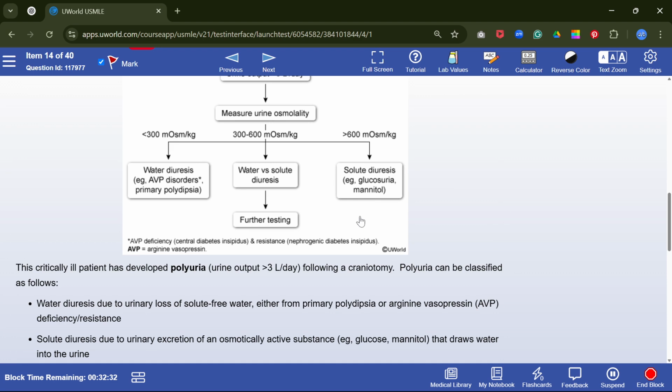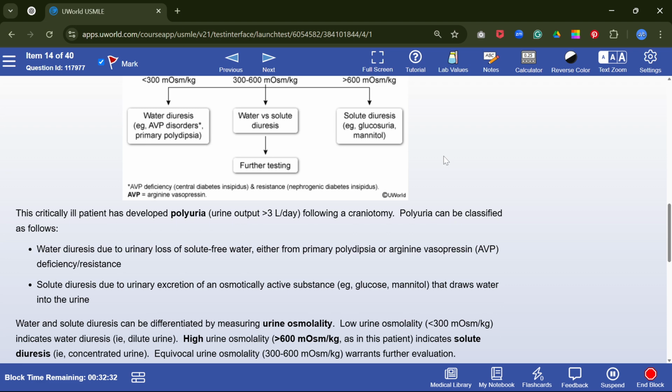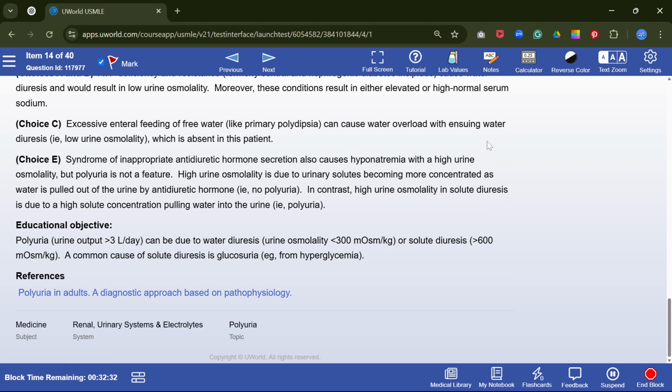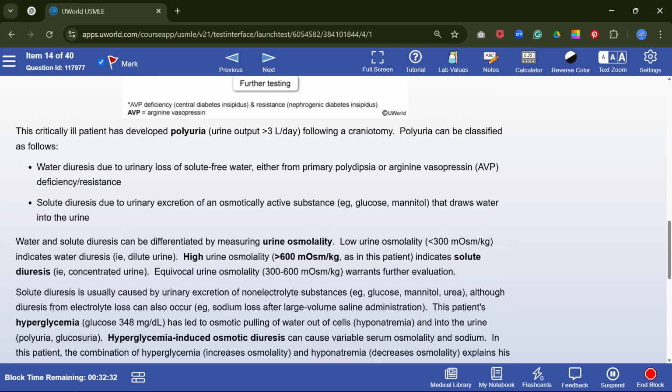Urine osmolality is more than 600. Yes, maybe D. So look at the box first.